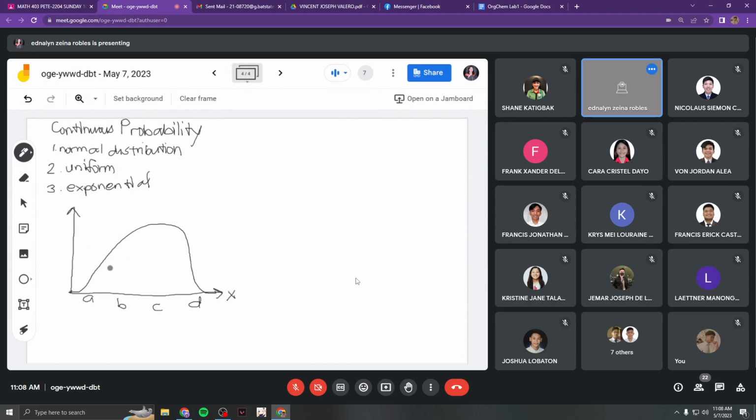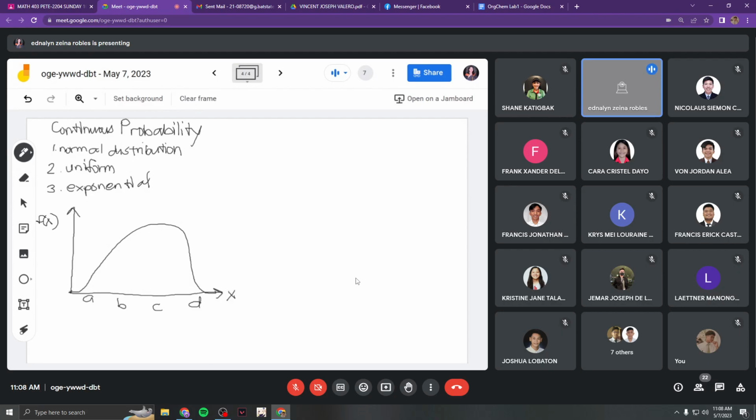Our x-axis is the random variable x. And on our y-axis, it is also the f of x.